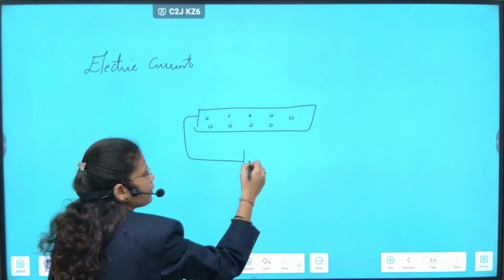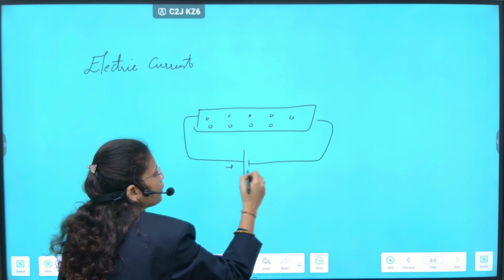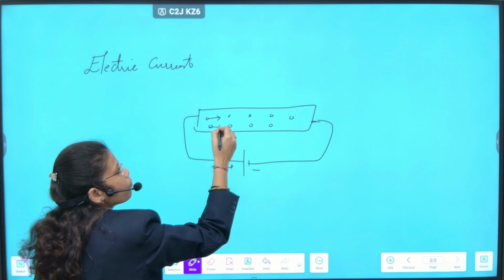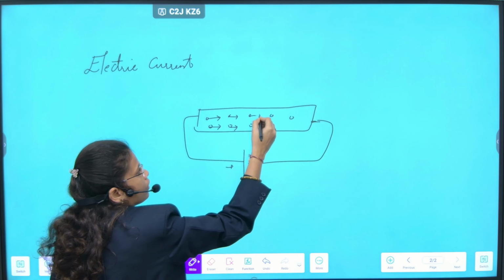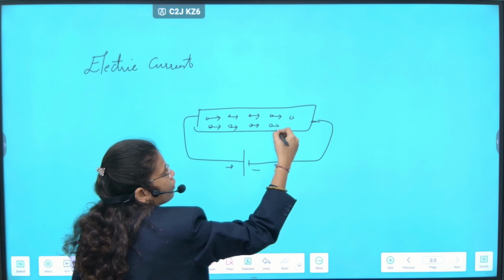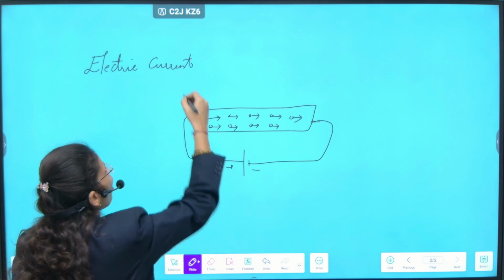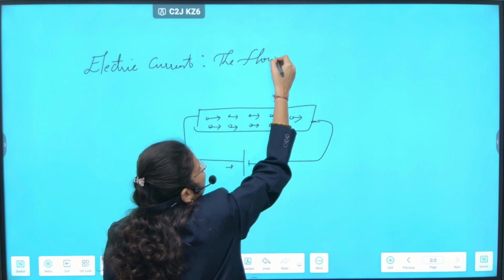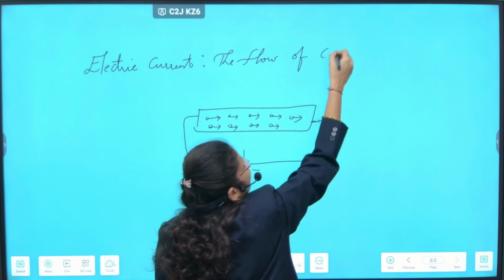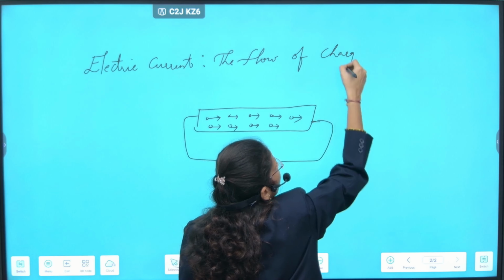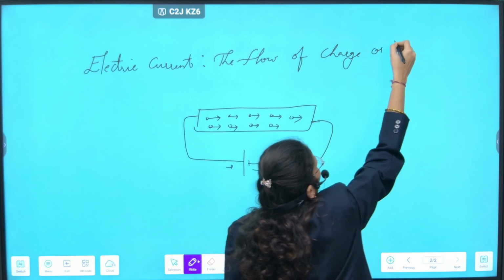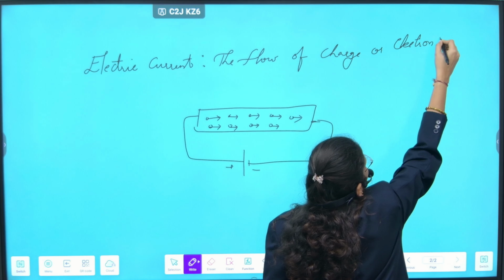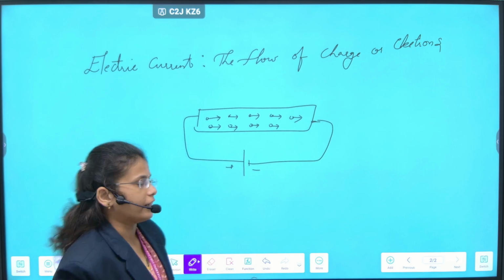Whenever we apply an electric field, the particles will experience some force and they start moving. The flow of electrons or flow of charge is known as electric current.